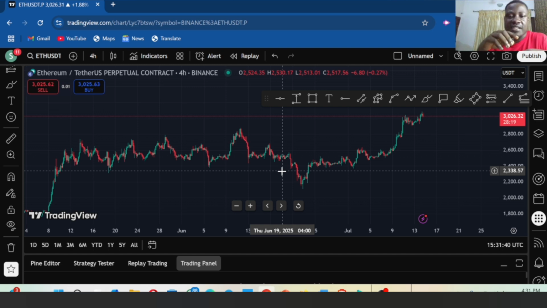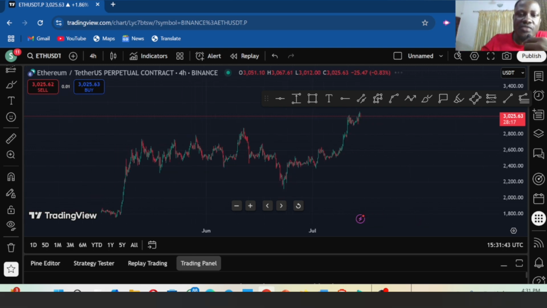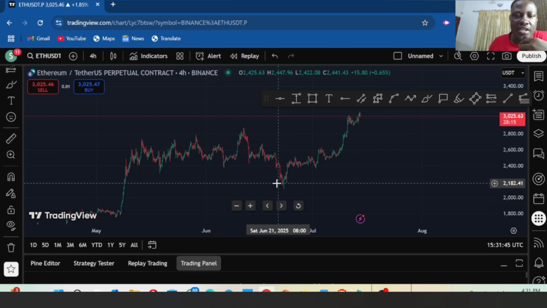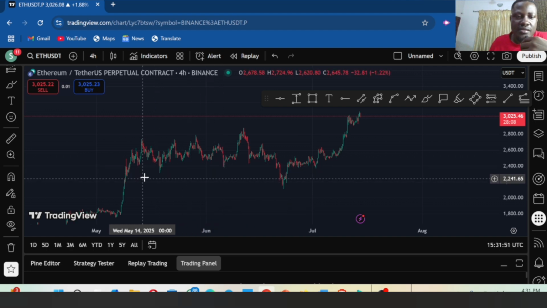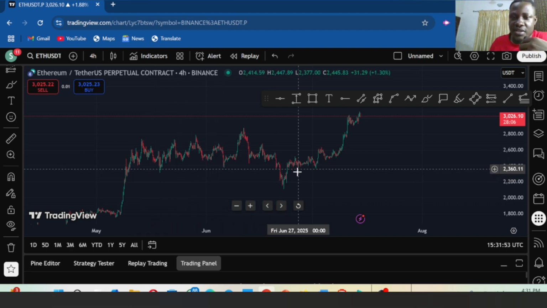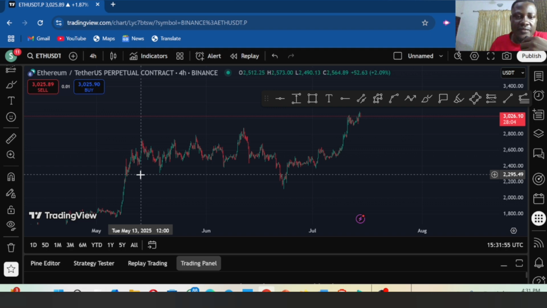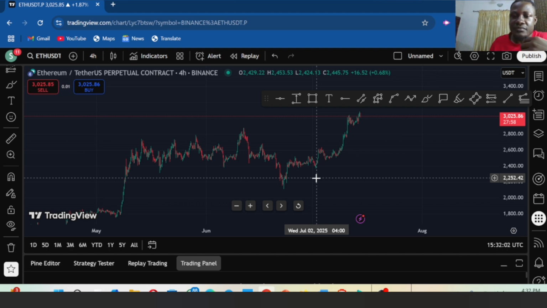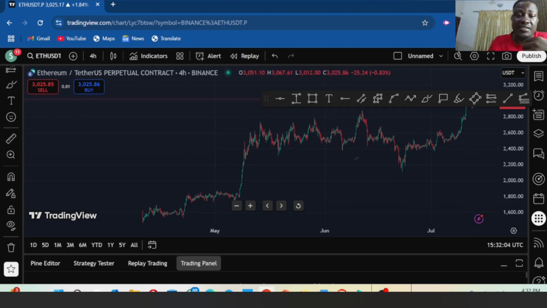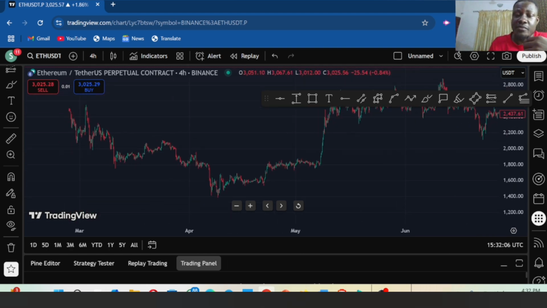This chart has several zones of corrections, and when you look here you will see that these zones are levels where the market incurred a lot of demand, and it is because of the demand that the price of the market went up.